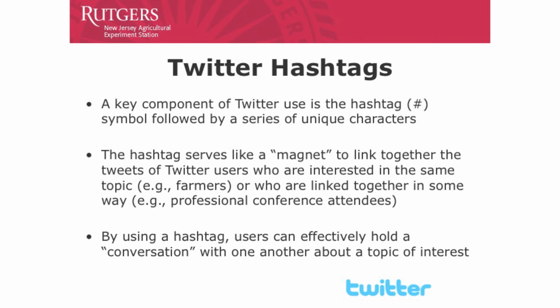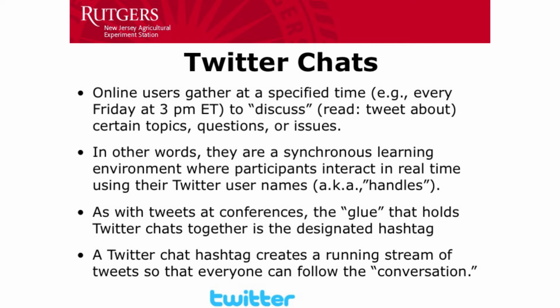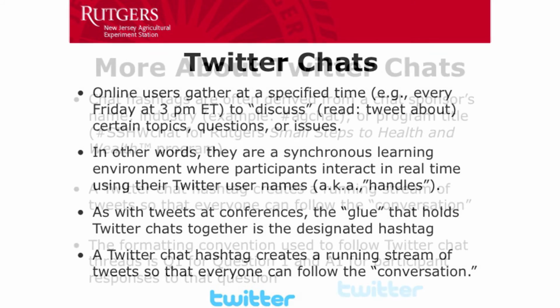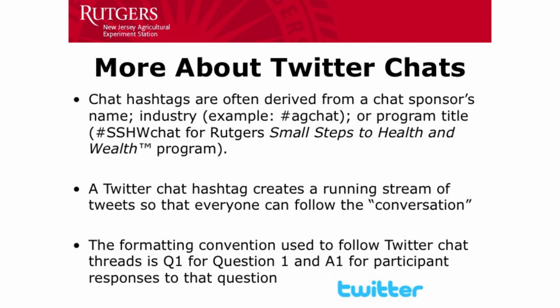There's information about Twitter chats. Basically all it is, is using your hashtag. People get together at a certain time, like 3 p.m. on Wednesday, like these financial people, and they chat. And literally what you do is you put out questions like Q1, Q2, and people come back with A1, A2. Very often they tie the Twitter chat to the name of the program.